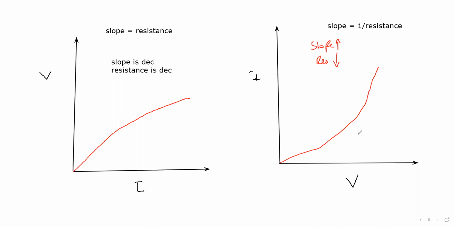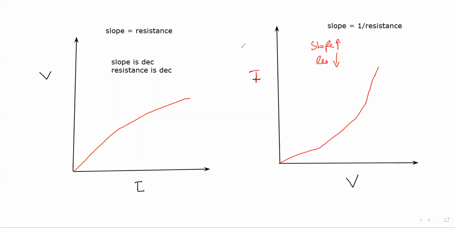For the first graph, slope and resistance have the same meaning, but for the second graph, when current is on the y-axis and voltage on the x-axis, the slope is 1 over R. If 1 over R is increasing, it means R is decreasing.